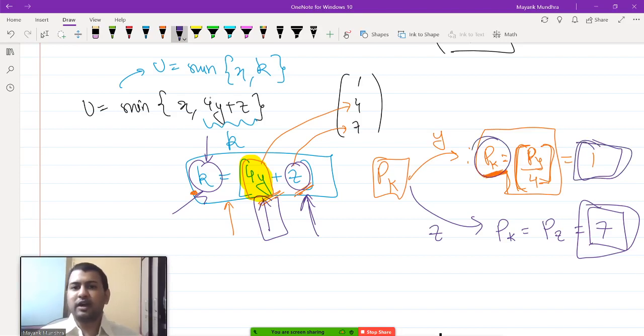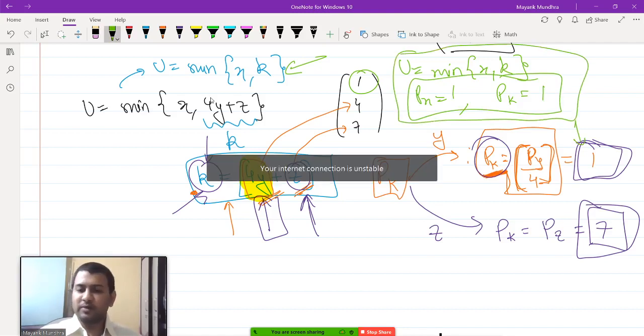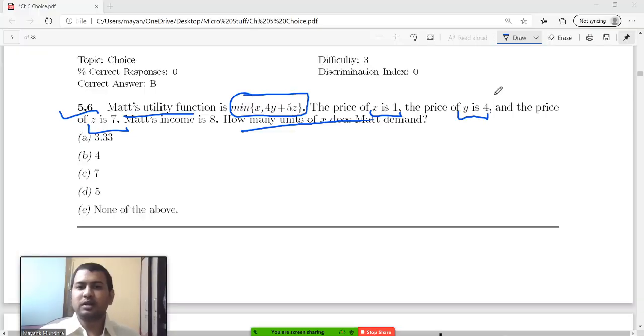Okay, so now come back to this particular utility function. My utility function is min of x comma K, where the price of x is given to be 1 and the price of K I have deduced to be equal to 1. So both the prices are 1. This is a simple perfect complement situation where you have two commodities both priced 1.